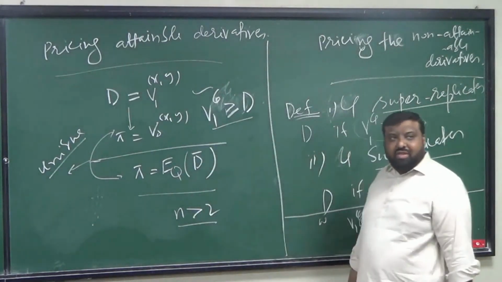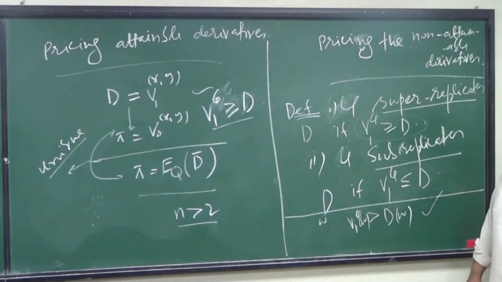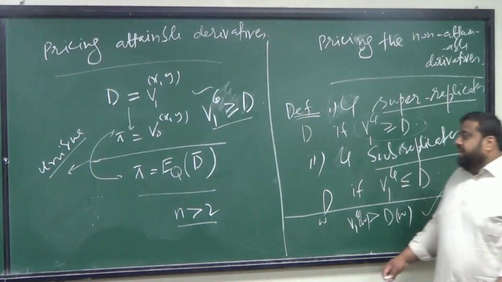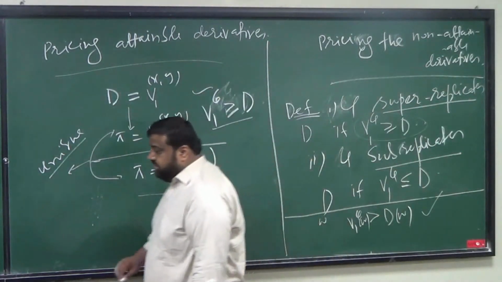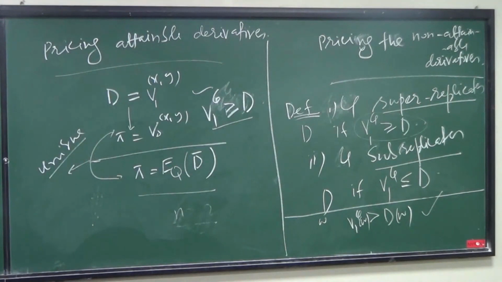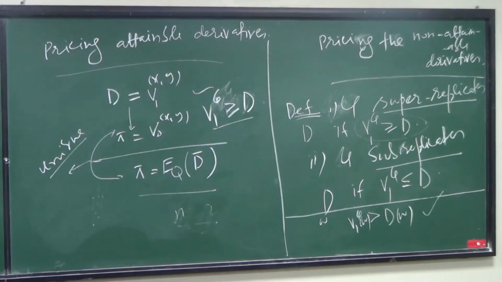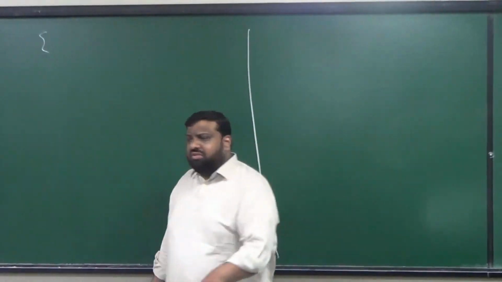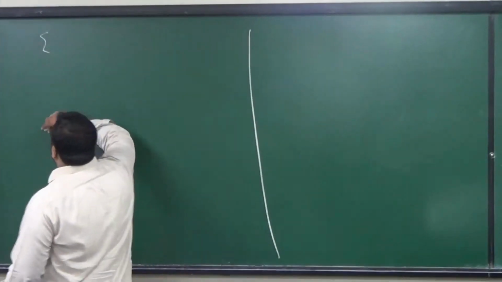And how can you minimize this difference? I'm going to show this physically so you can get more sense.